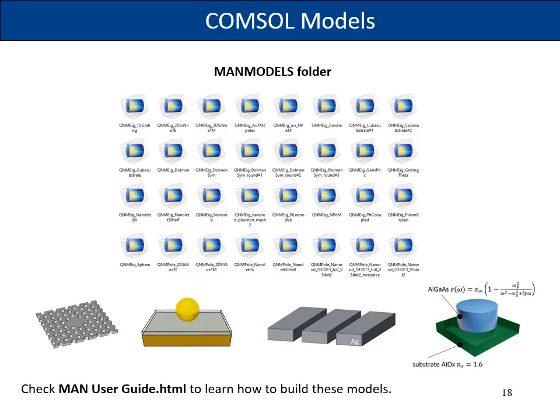To learn how these models are built, please check the details given in the MAN user guide in the root folder. In the following, I would like to show how to use these COMSOL models along with our MATLAB codes in the MAN software for computing and visualizing the quasi-normal modes.